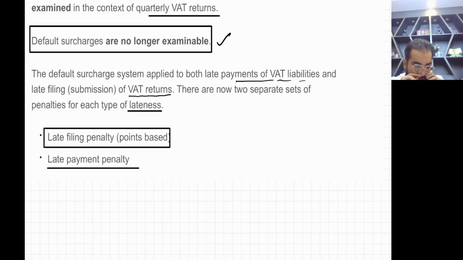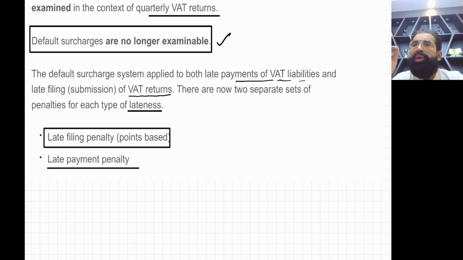Now the next thing, the default surcharge system applied to both late payments of VAT liabilities and late filing submission of VAT return. There are now two separate sets of penalties for each type of lateness, okay? Previously it was combined, now it's separated. Now VAT return filing is a separate thing. If you file your return late, then you will get separate penalties.